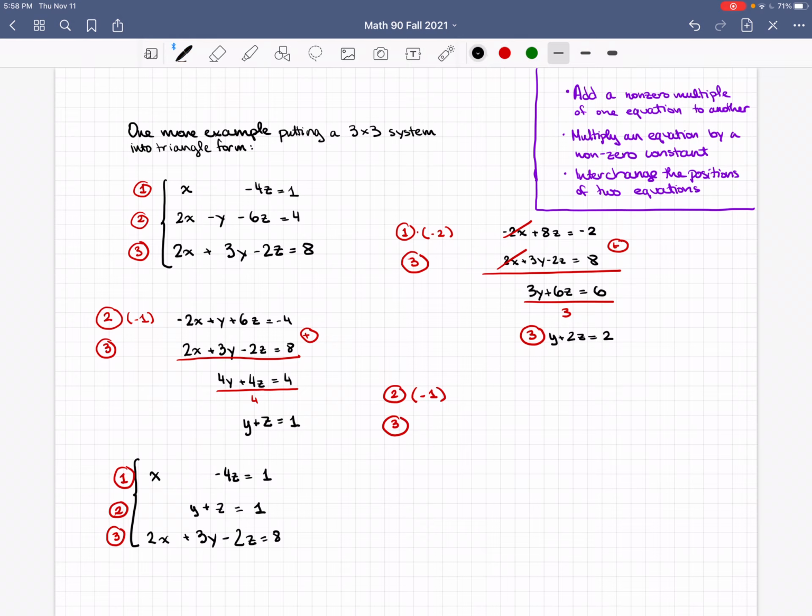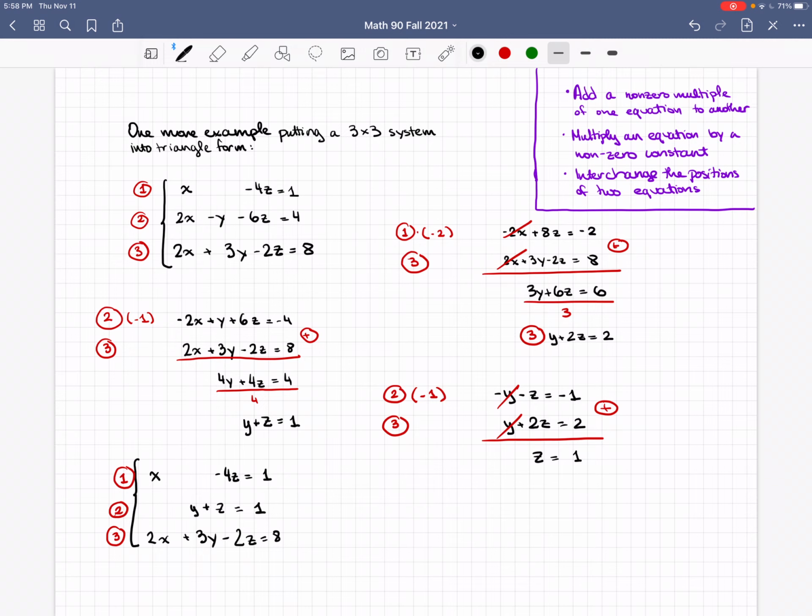So my second equation times -1 is -y minus z is equal to -1. And then here I have y plus 2z is equal to 2. And when I add these, the y's cancel out, and I'm just left with z is equal to 1.